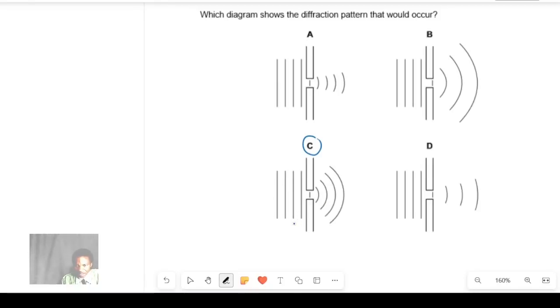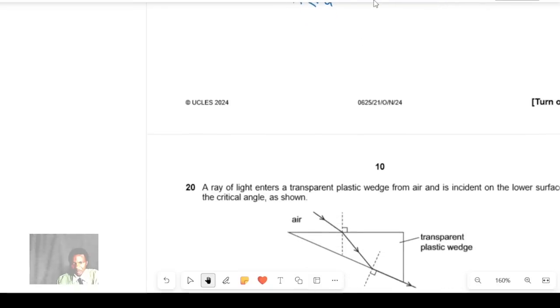And the wavelength of the wave coming must be almost the same size as the size of the opening. It must be less than or approximately equal to the gap. So in diffraction, the spreading of the wave takes place.